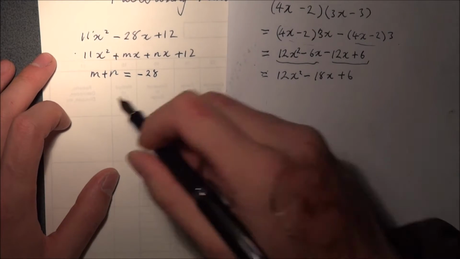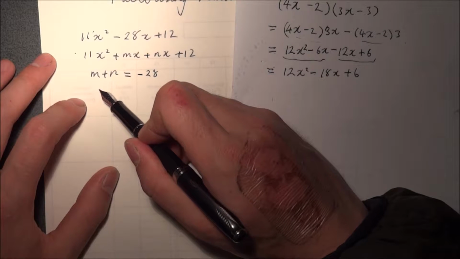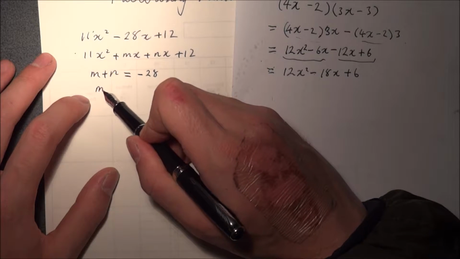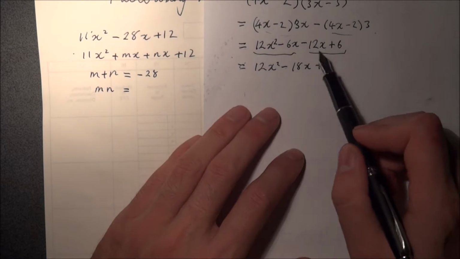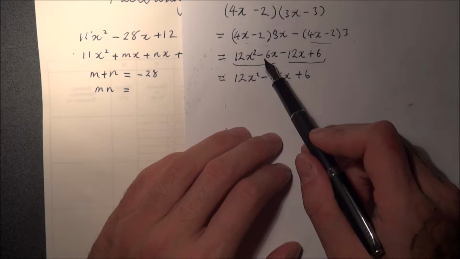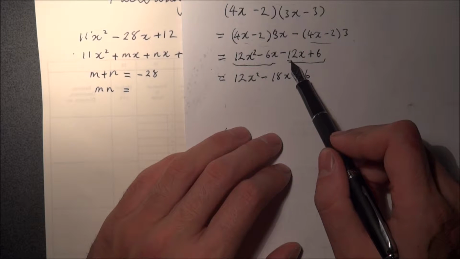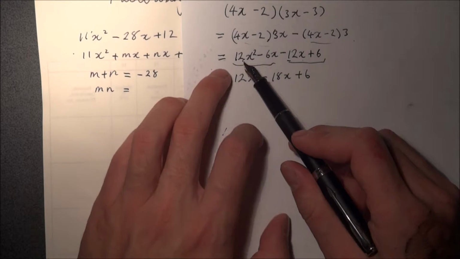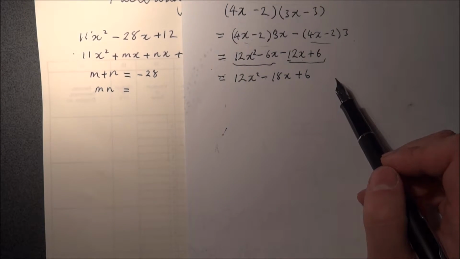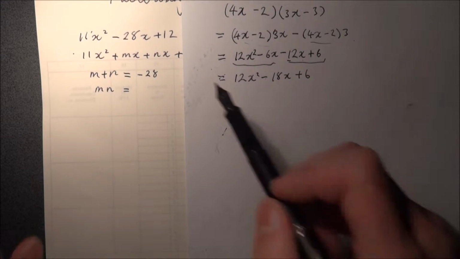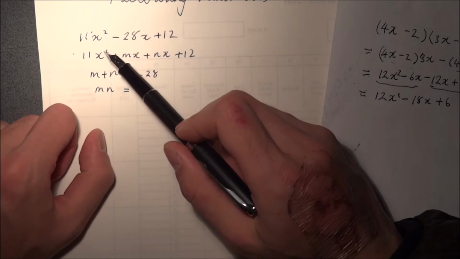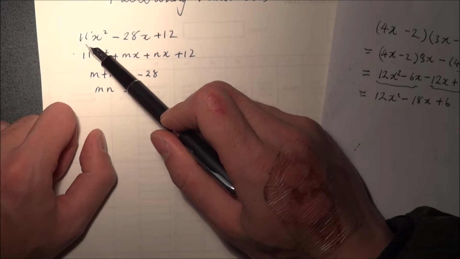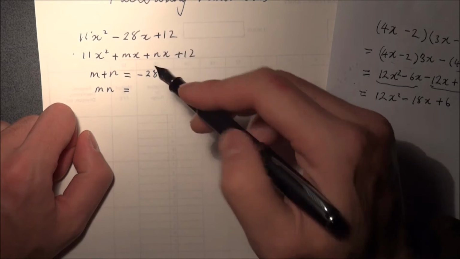So m plus n has to be negative 28. And the product of these two numbers, as you can see here, the product negative 6 times negative 12, is exactly the same as 12 times 6. Yes? So the product of m and n has to be the same as the product of the coefficient of x squared and the constant term.